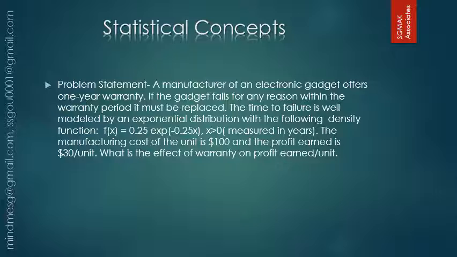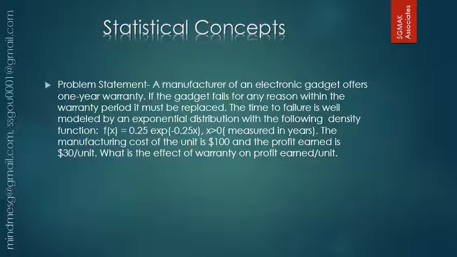The manufacturing cost of the unit is $100 and you are selling at a price of $130, so your profit earned is $30 per unit. The question is, what is the effect of warranty on profit earned per unit? The idea is, if you didn't offer a warranty, then you're simply getting $30 profit per unit that you sell.